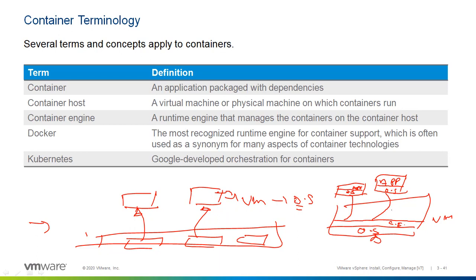So for running my micro applications on a single VM itself, I can run a number of applications in containers. On the ESXi host we run VM, OS and application, but here my one VM is my container host, where we have installed a container engine.